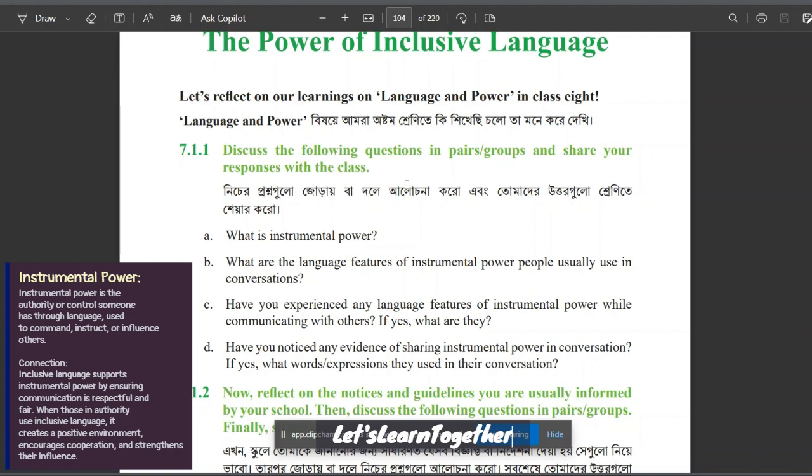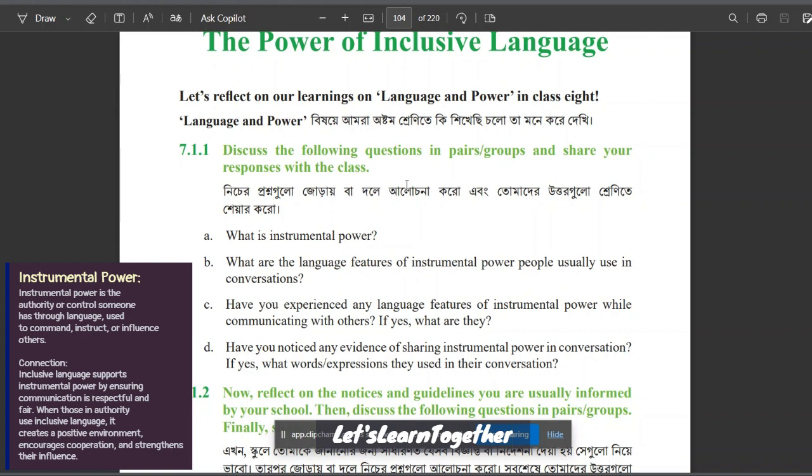Look, using inclusive language in authoritative settings like offices or government or in school is very crucial, because it helps us create an environment where everyone feels valued and respected. Okay, and for this, in return, we can improve cooperation, productivity, and overall success.